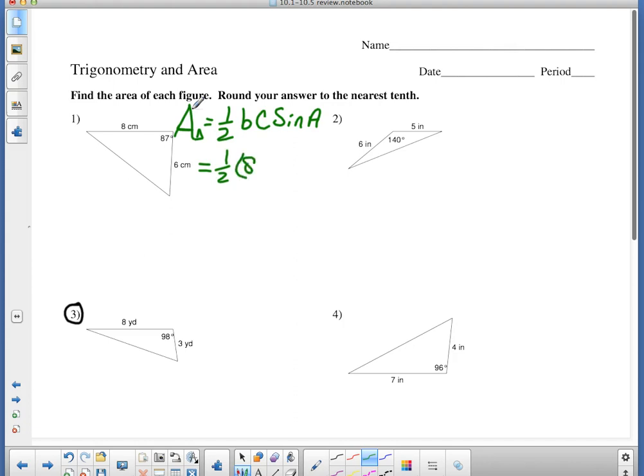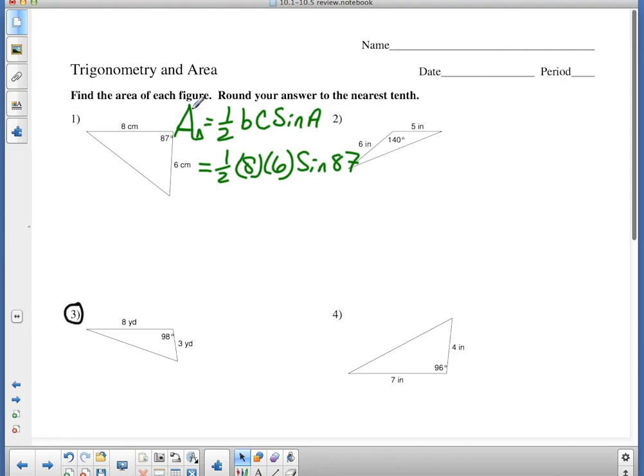So I've got 8 times 6 sine of 87. You must have a calculator to do these. Okay, gotta make sure you're getting it done. 0.5 times 48 times sine of 87. Okay, we're sitting at number 1 here.